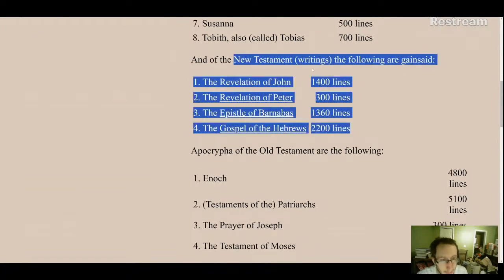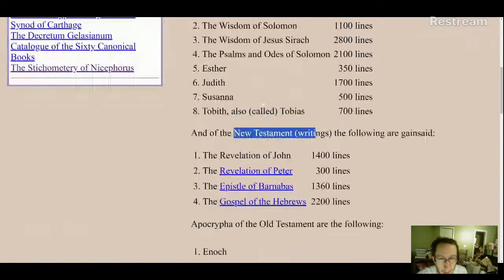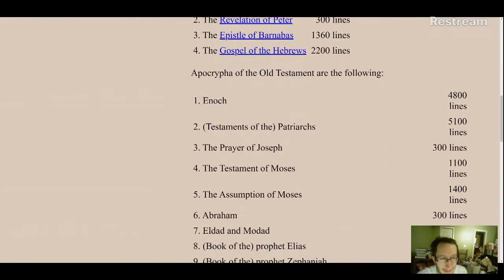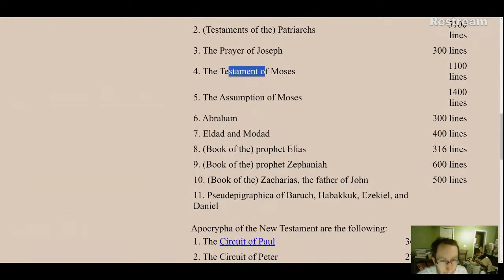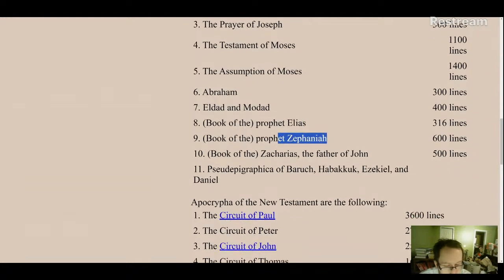It gives the New Testament writings as well, but then it also has Enoch, 4,800 lines, the Testaments of the 12 Patriarchs, 5,100 lines, Testament of Moses, Assumption of Moses, Testament of Abraham, Book of Eldad and Medad, Apocalypse of Elijah, Apocalypse of Zephaniah.